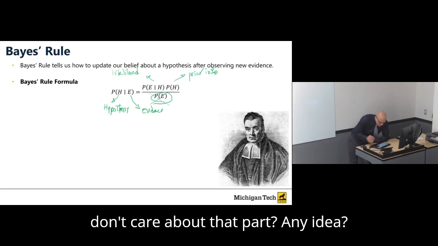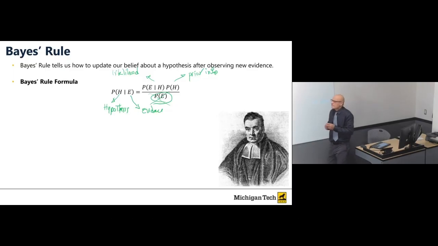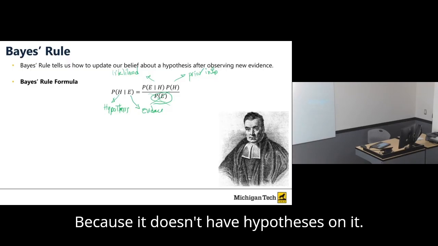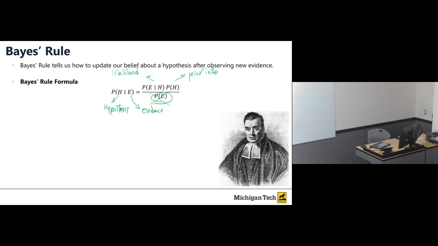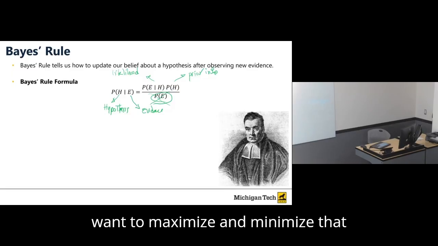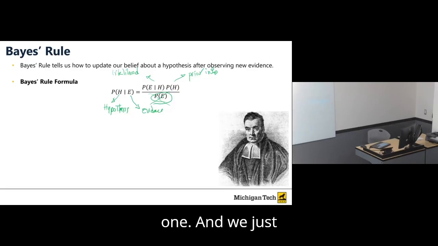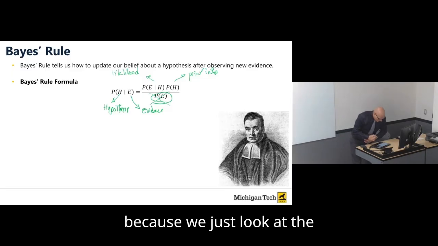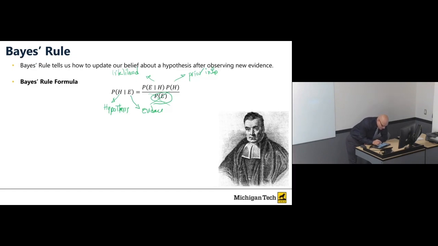Why don't we care about that part? Any idea? Because it doesn't have the hypothesis in it. When we do optimization, we want to maximize or minimize, and we just consider the top part because we just look at the proportion.